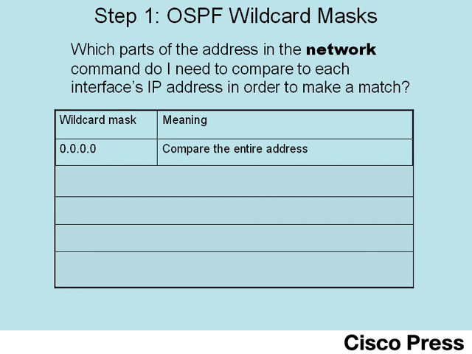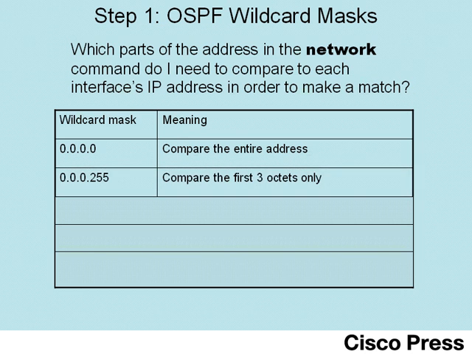Now, the wildcard mask of 0.0.0.255 tells the router to only look at the first 3 octets of the address in the network command when comparing it to the interface IP addresses, so the 4th octet can essentially be ignored. With a wildcard of 0.0.255.255, it tells the router to ignore the last 2 octets, only needing to compare the first 2 octets.